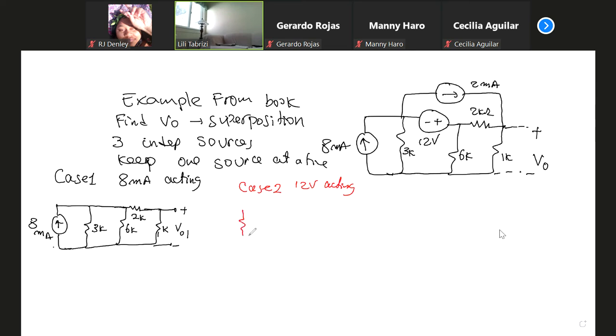So you're left with 3K, the voltage source acting, 6K, 2K, and 1K. The current source is also open, so only the 12 volt voltage source is acting. You have to measure, again, the same question, but for case 2.